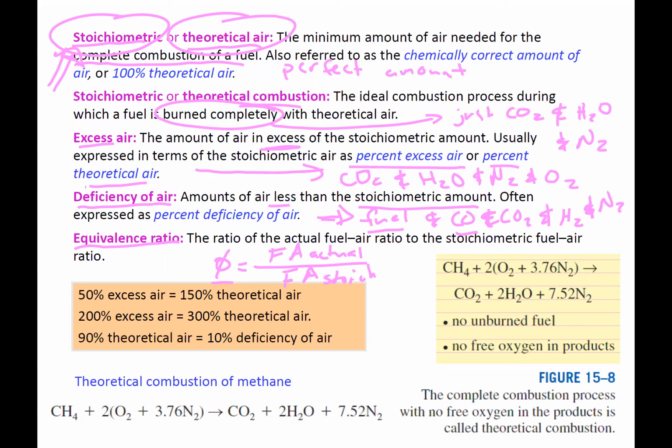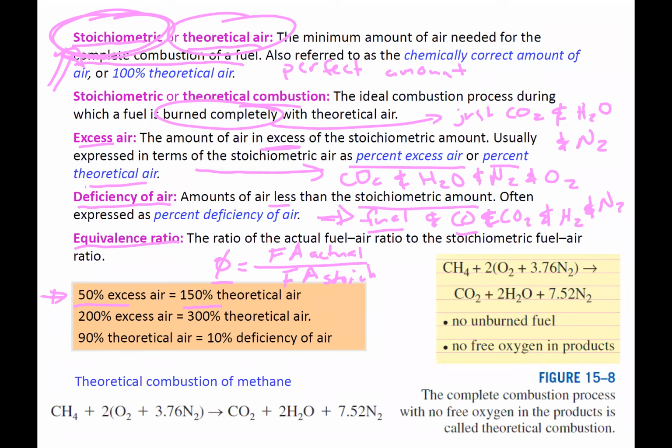All right, if we look at some of these terms and throw some numbers in them. If we have 50% excess air, so that's where we're putting in 50% more than we need, then that means we have 150% theoretical air. If it was 100% theoretical air, that would just be stoichiometric. But 150% means we have 50% excess, right?